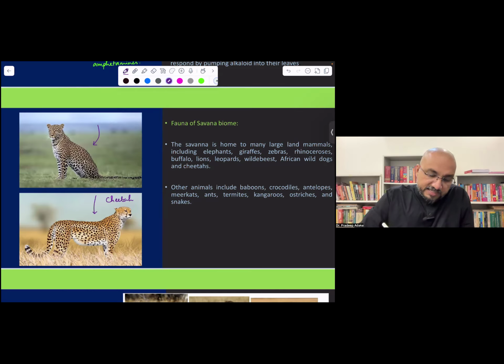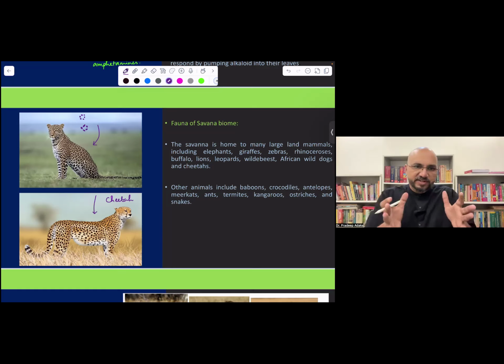Whereas in the case of leopard, you have a rosette. The spots form this kind of rosette pattern. You can see them, right? In cheetah, you have solid spots. You don't have this rosette pattern.